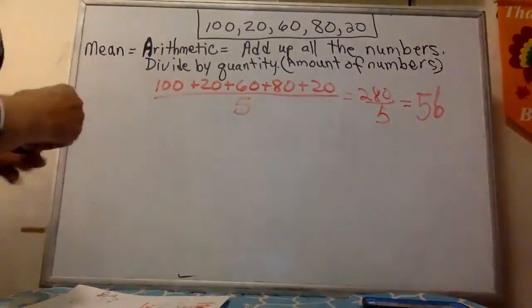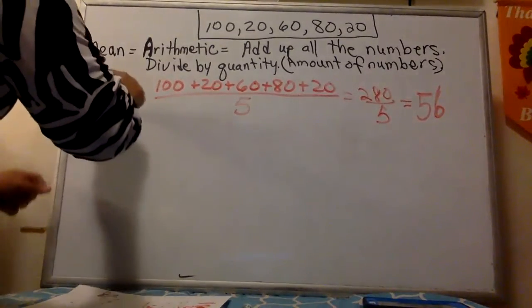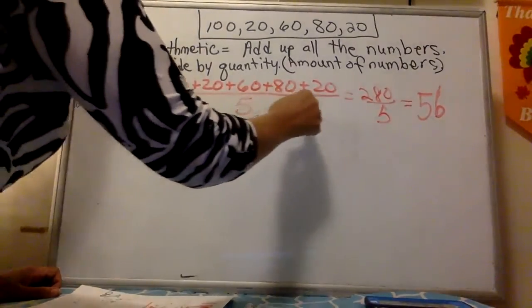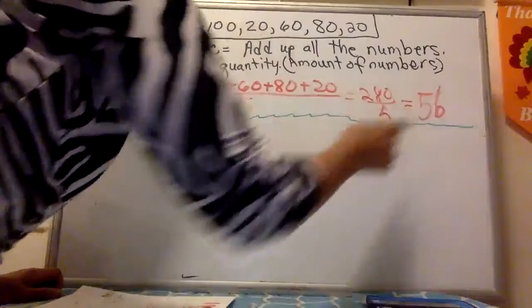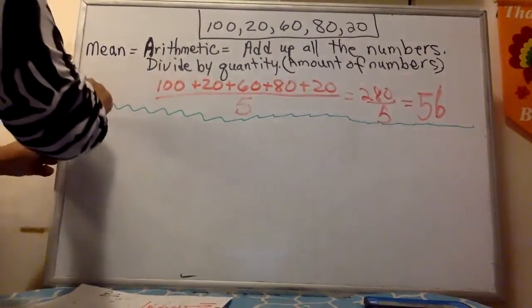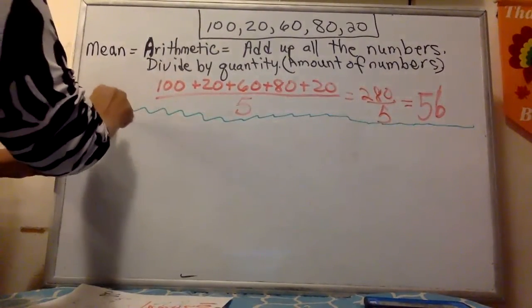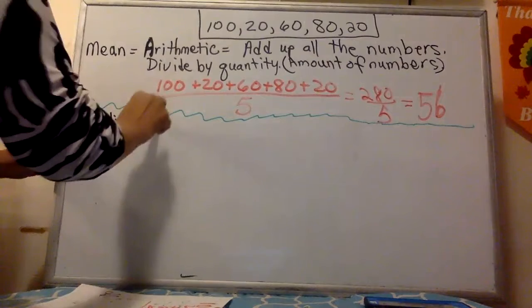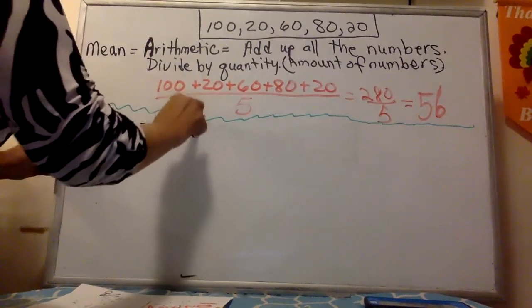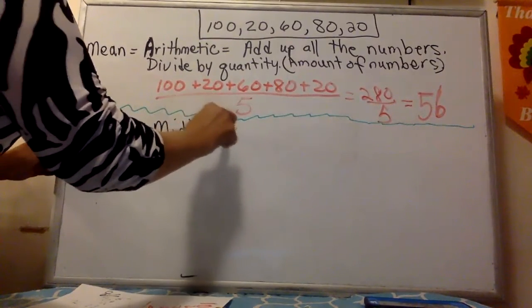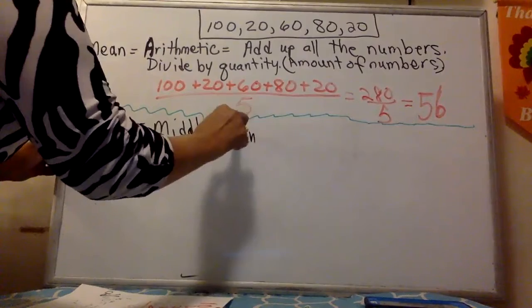Now, if we decided to take that same set of numbers and instead of using the mean, use the median, the median is simply the middle number, or the middle when in order.